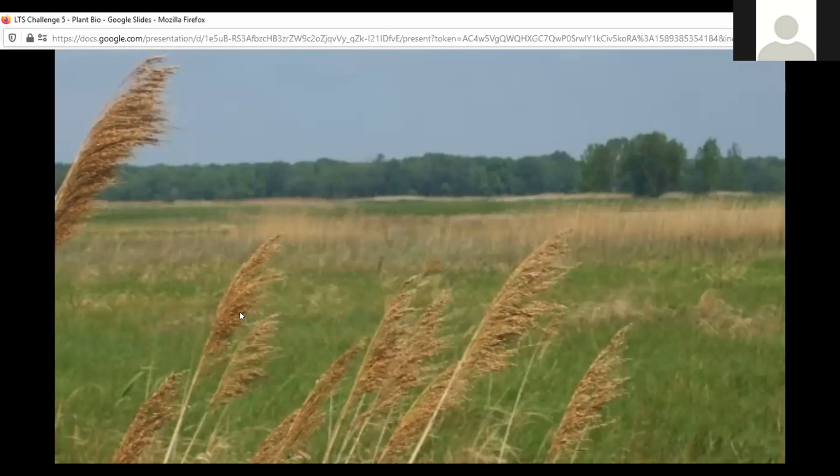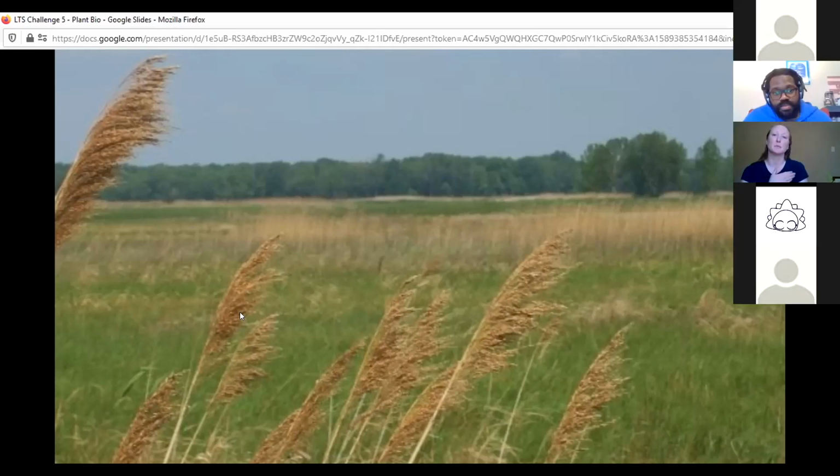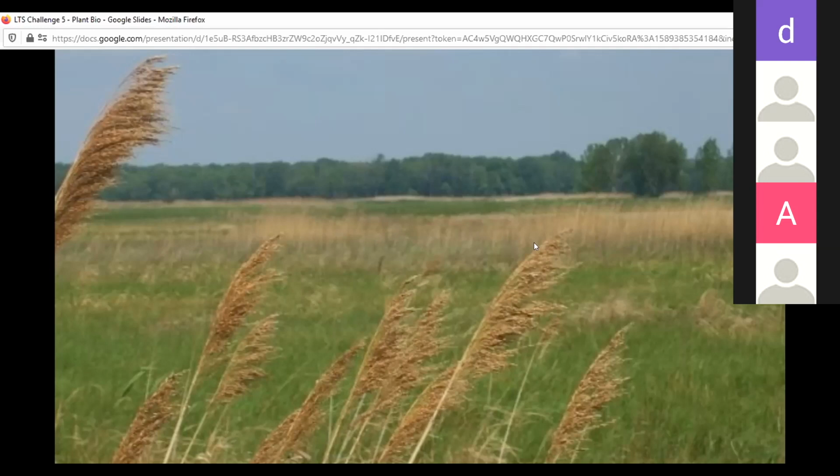And it is a really aggressive, tall grass. And it's really aggressive because it can actually grow in a lot of places. And once it becomes established in that place, it can spread and take over entire fields. So you can actually see it growing in the background of this field here.